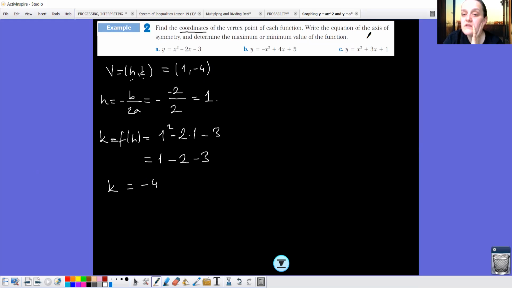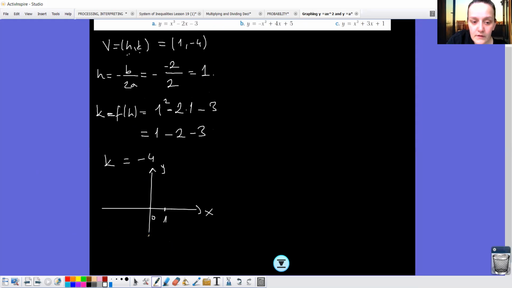Okay? Write the equation of the axis of symmetry. Now, what does it mean? I have the coordinate plane here. And as I said, h is for the x-axis. So if 0 is here, and let's say 1 is here for h, and k is minus 4 on the y-axis, so let's say minus 4 is here. So this point is the vertex point, guys, the lowest point.